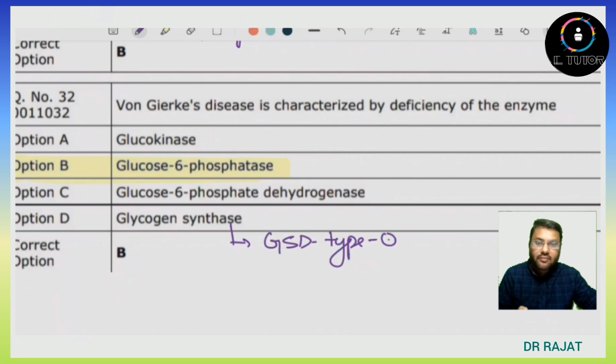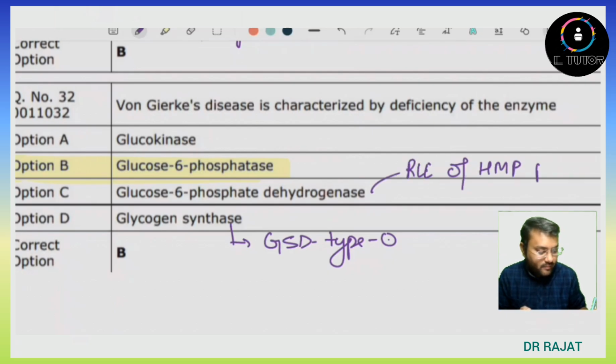Glucose 6 phosphate dehydrogenase is the rate limiting enzyme of the HMP pathway, and its deficiency can lead to increased peroxidation in the cell. Answer here will be option B, glucose 6 phosphatase.